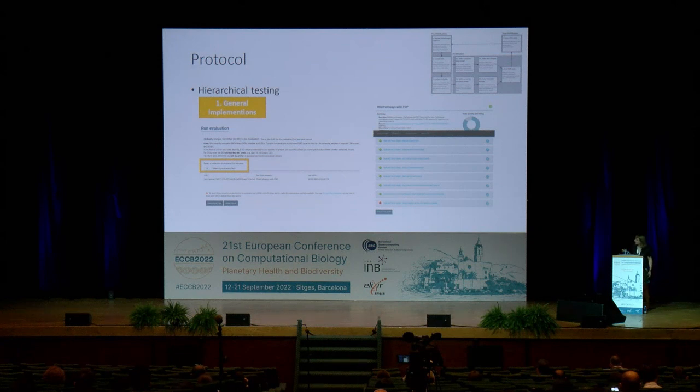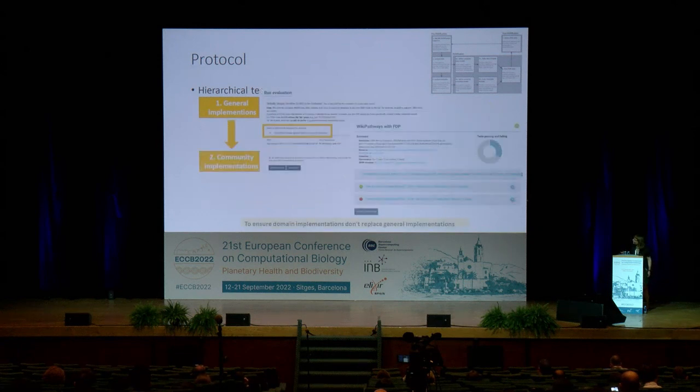But then we understand the rare disease-specific FAIR metrics as specializations of the general ones. So in the next iterations, we apply these to see how able we are to comply with other rare disease resources. In that way, the aim is to ensure that domain implementations don't replace general implementations.